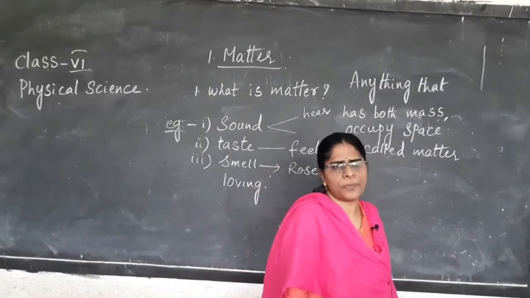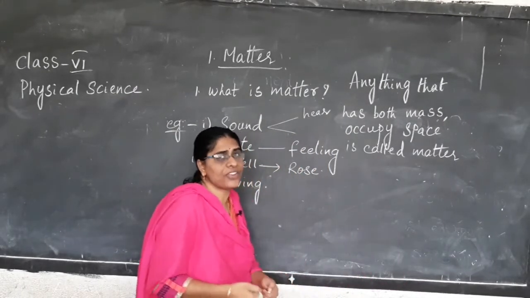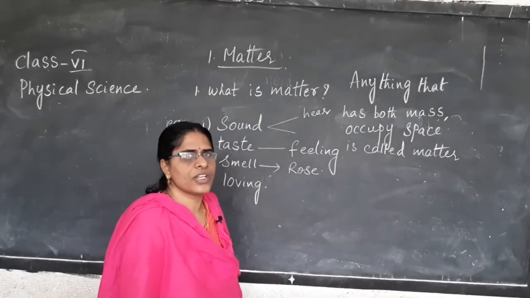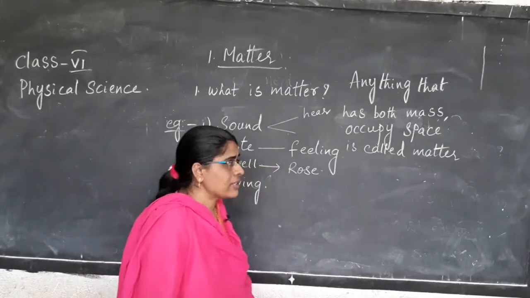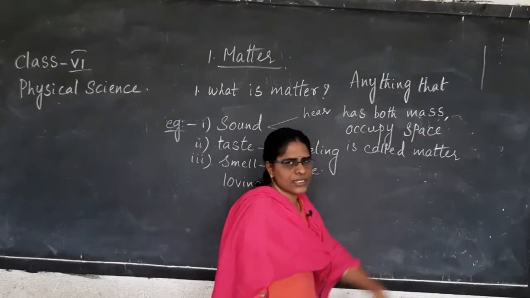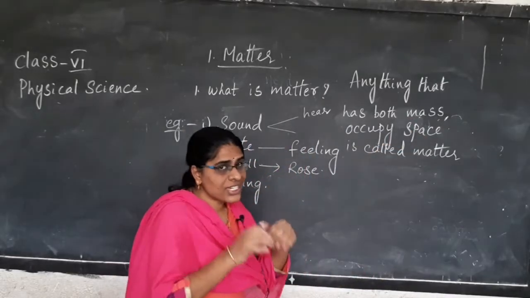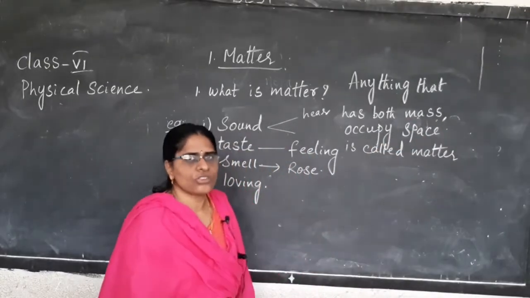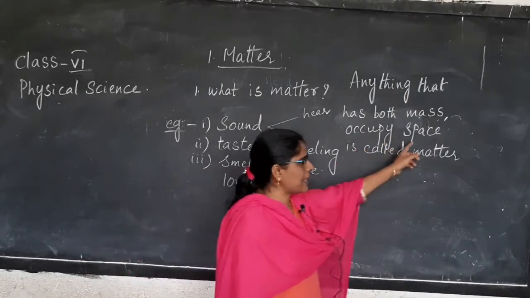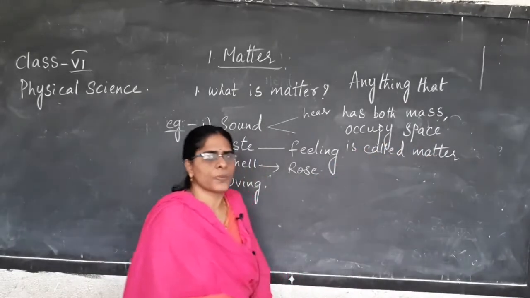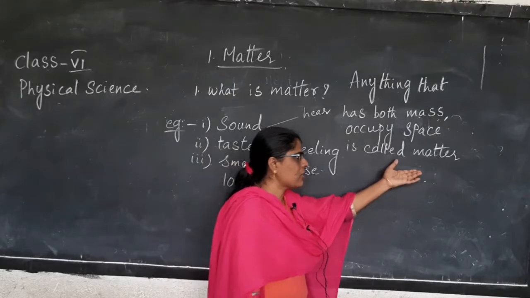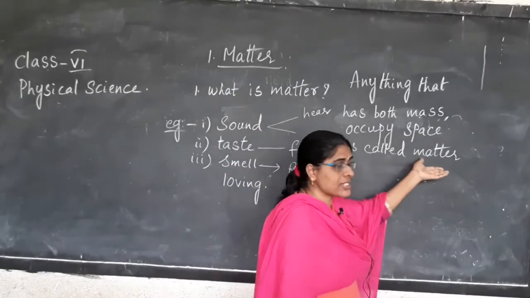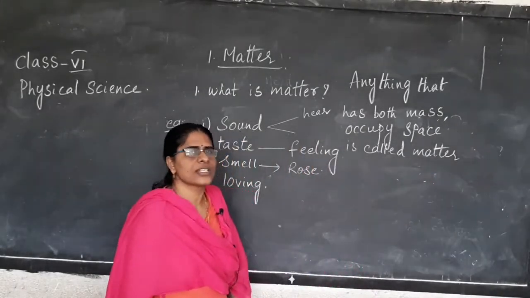When you lift your bench, do you feel heavy weight or not? We will feel it. That means it has mass. When you place a bench on the ground, is it occupying a space? It is occupying a space. Now can I call your bench a matter? Yes, it is a matter.